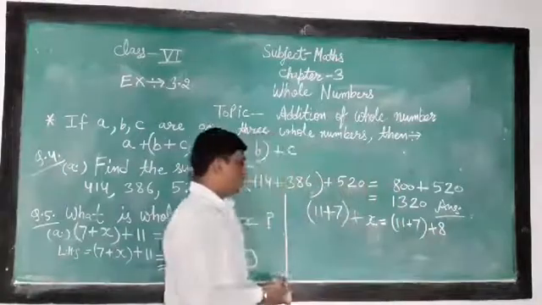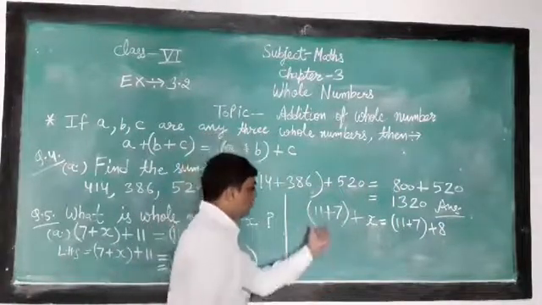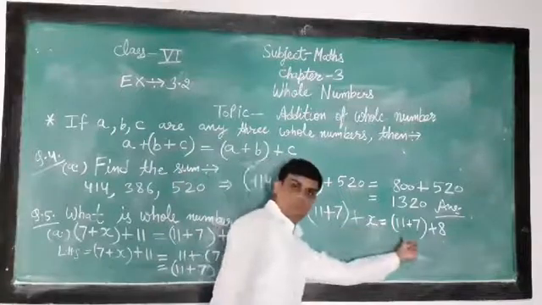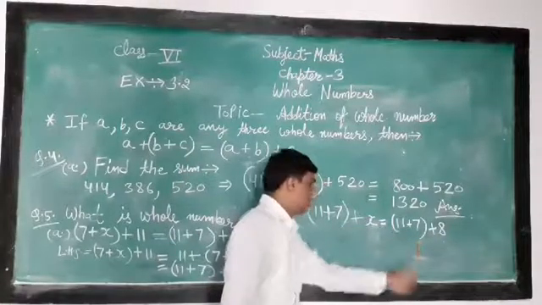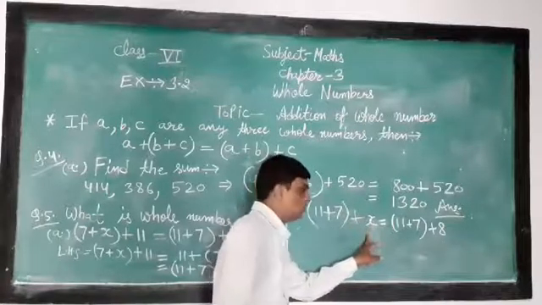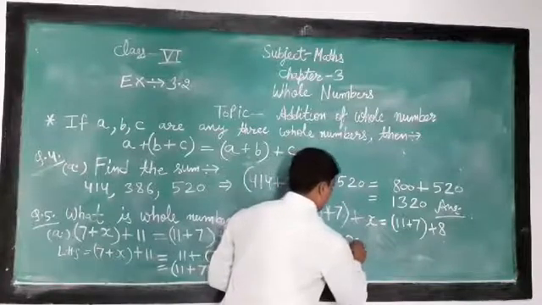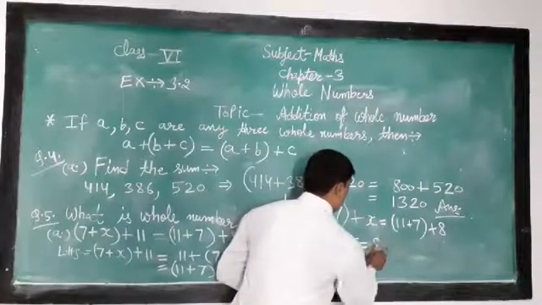Now both sides are equal. This term is equal. So the value of x is equal to 8. So x is equal to 8.